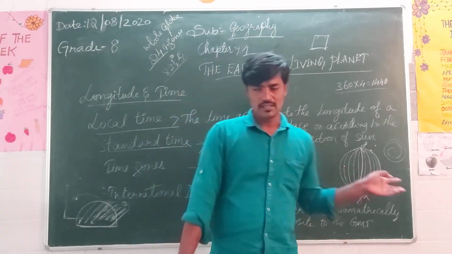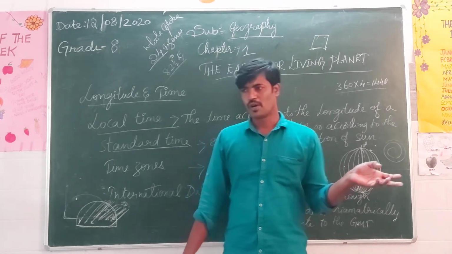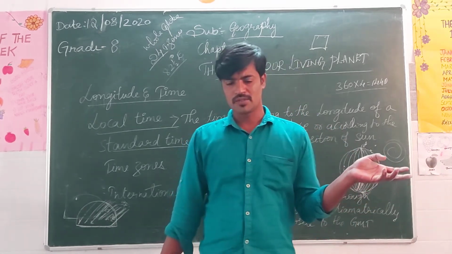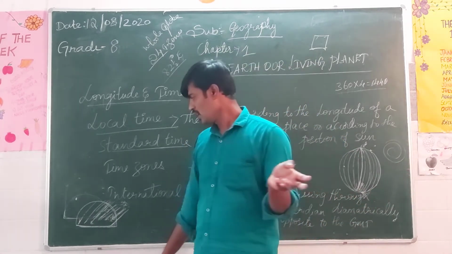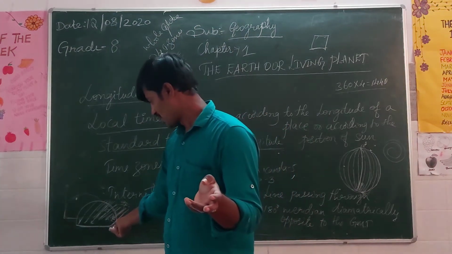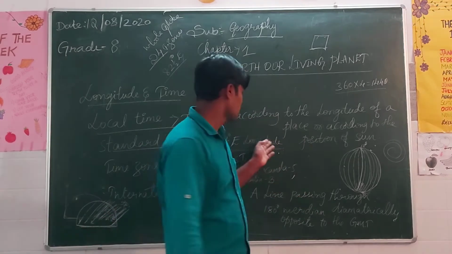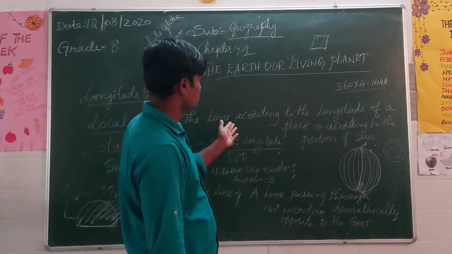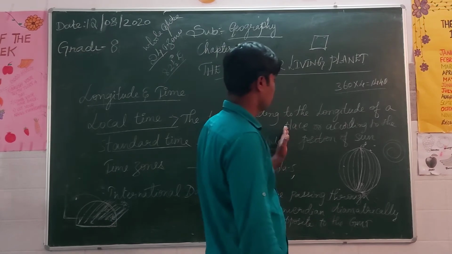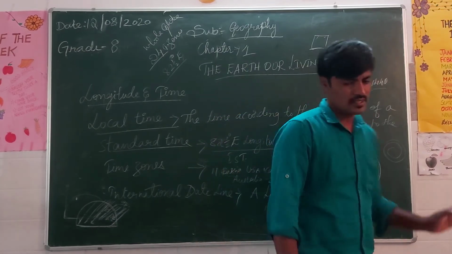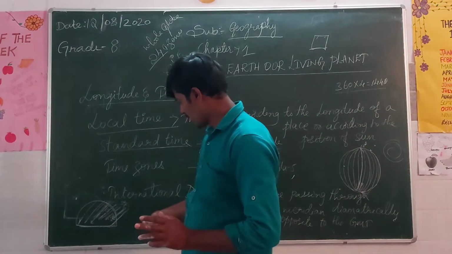Maybe there is a time difference of nearly 3 or 4 minutes because of the longitude of a place, or the position of the sun. So that's why we can understand that.